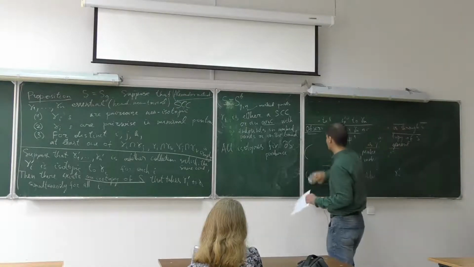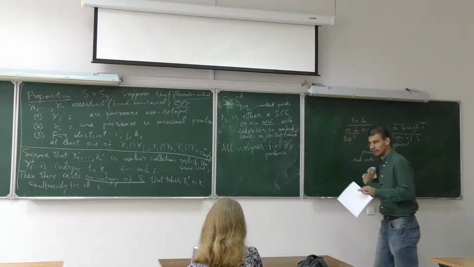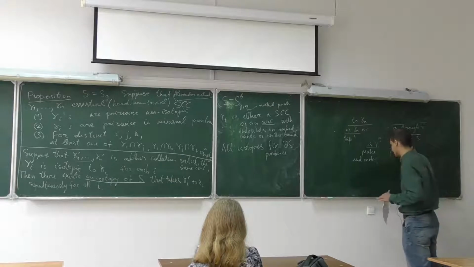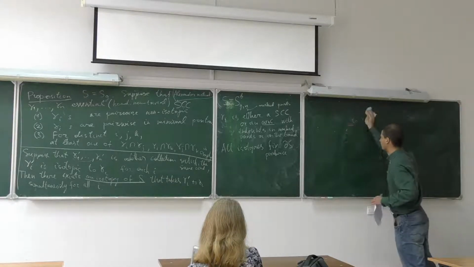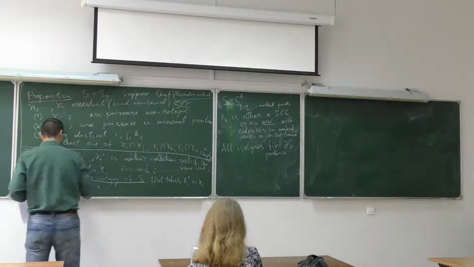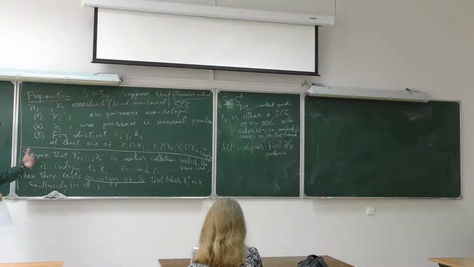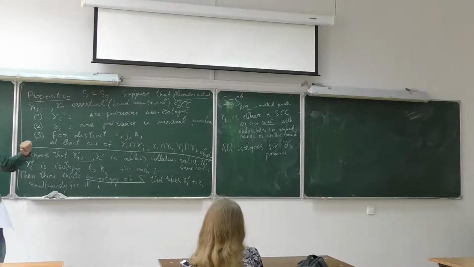The proposition itself is purely topological. We have no hyperbolic metric or something like that in this proposition. But now suppose that we have a hyperbolic metric, and suppose that we have a collection of curves which satisfies these conditions.